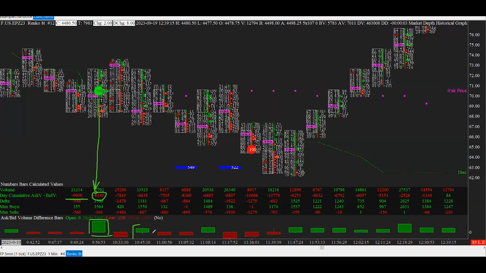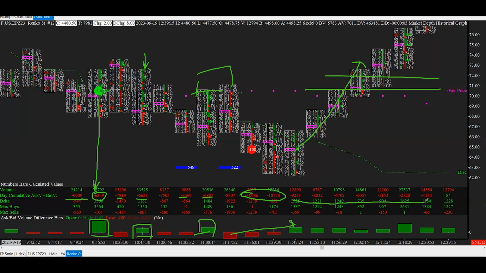Delta over here drops off on this nice positive candle. You're starting to find these areas, and when they start rallying and the delta starts sinking, you get the confidence that we have a turning point.